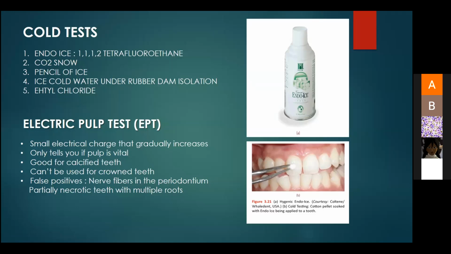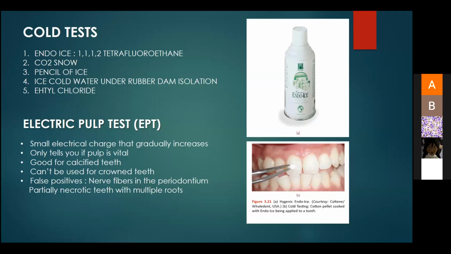So electrical pulp test can only tell if the pulp is vital or not. It won't tell the oxygen saturation or the flow of blood inside the pulp, and it can elicit a response for calcified teeth. In carious teeth, it can give you a false response. If you are using any crown restoration, for that also it can give you a false response.